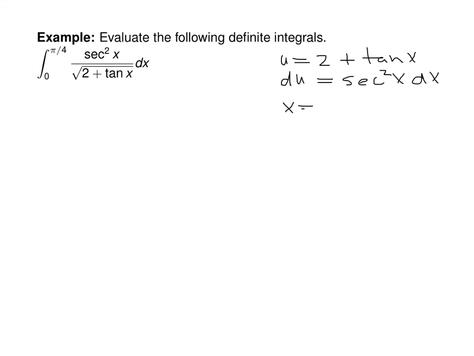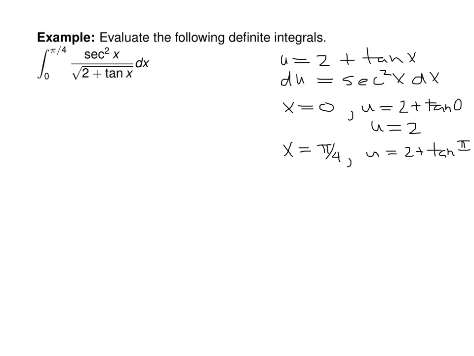If x is equal to 0, u is equal to 2 plus tangent of 0. Tangent of 0 is 0, so u is equal to 2. And if x is pi quarters, u is equal to 2 plus tangent of pi quarters. And tangent of pi quarters is 1, so u is equal to 3.